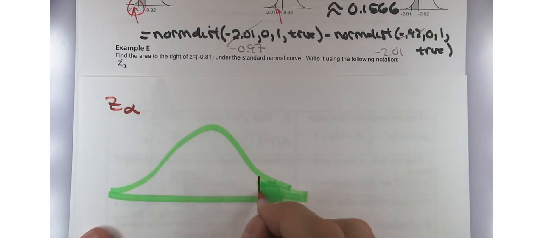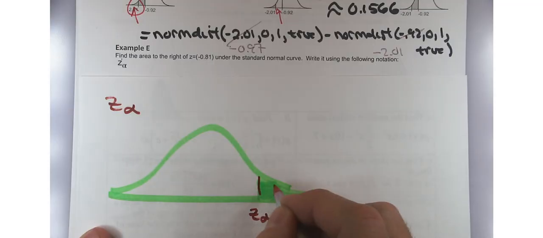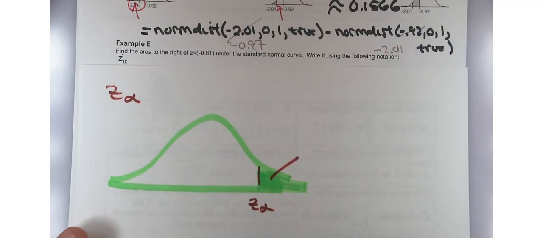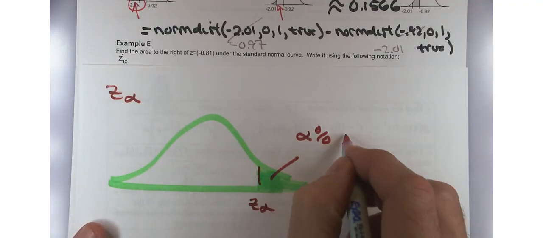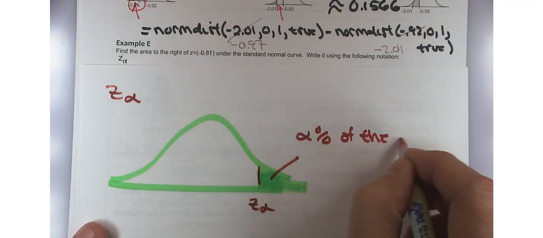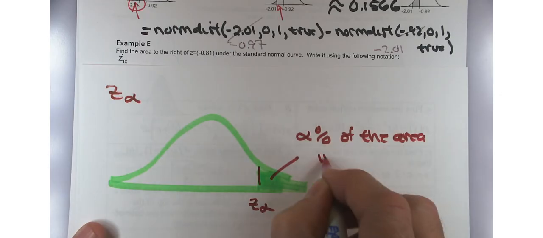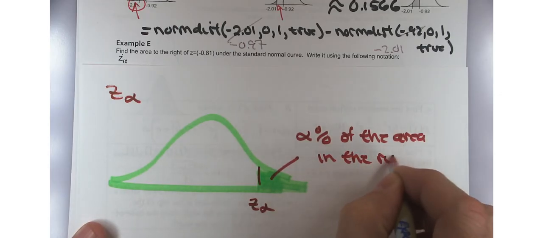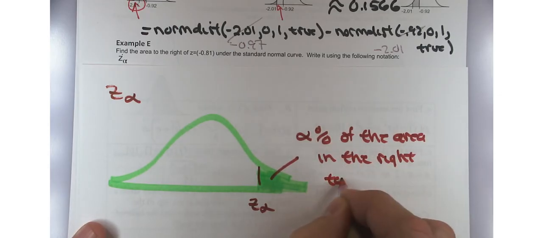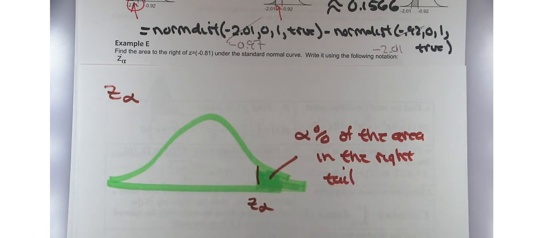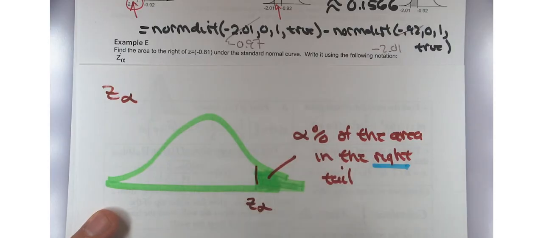Z sub alpha is going to be the point on the normal curve with alpha percent of the area in the right tail. Now it's important that it's the percentage of area in the right tail. It's always in the right tail.